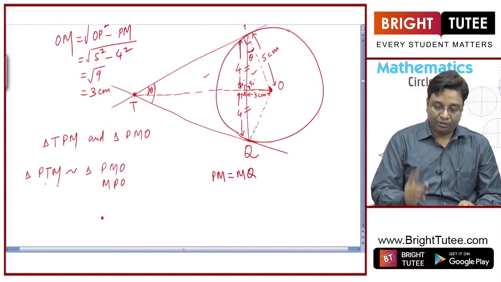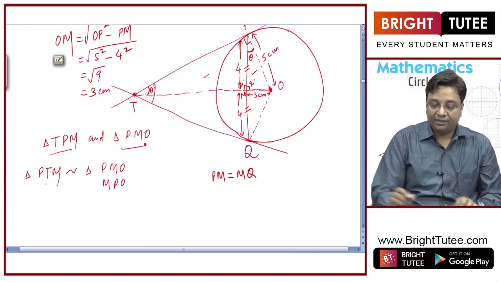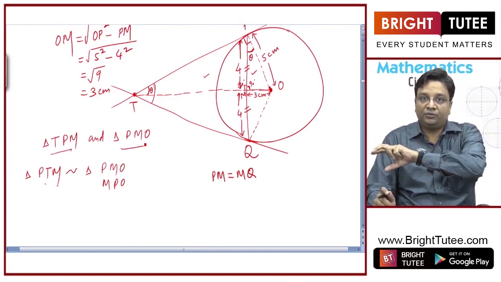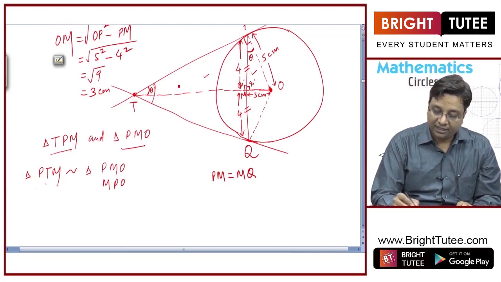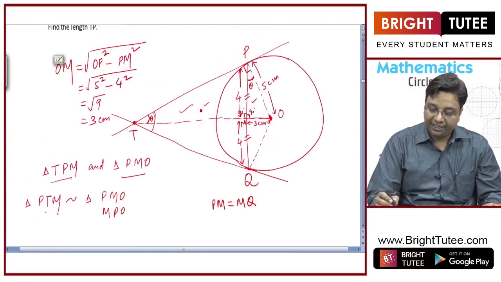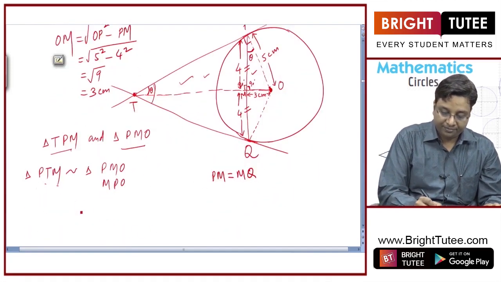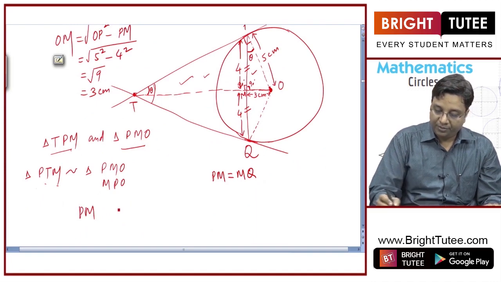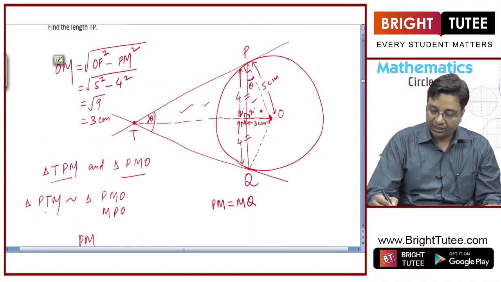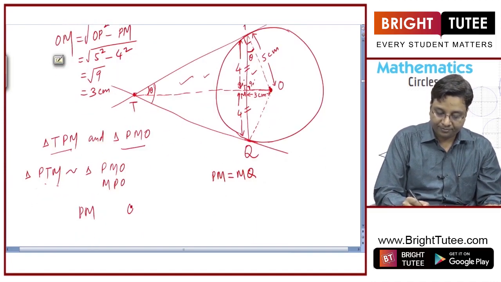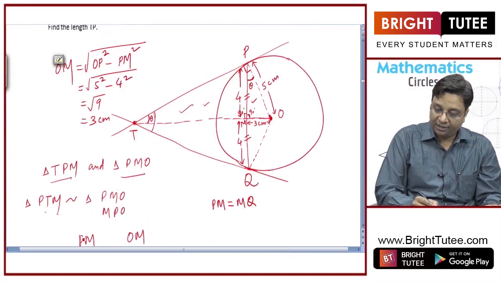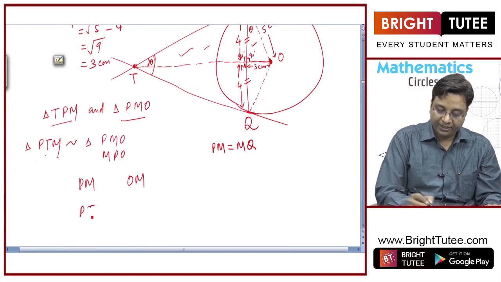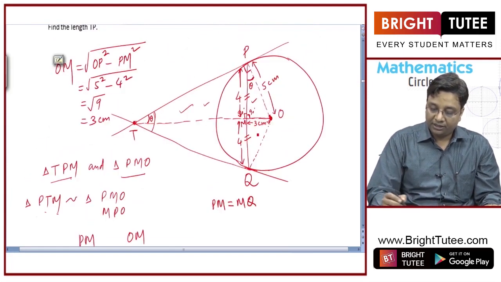So I am just checking the correspondence in these two triangles, which side corresponds to which side based on these two angles. In this triangle here, the side opposite to angle theta is PM, so PM will correspond to this side OM. And this angle 90 degrees has the side opposite PT, and this will correspond to side OP.